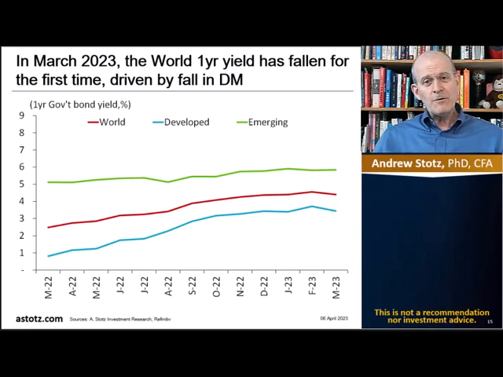Again, that fall is signaling that the rise in short-term rate that the Fed did is causing people to have two reactions. Reaction number one is to think that they're going to contain inflation, and therefore they don't need such a high rate to compensate for 10 years or 1 year of inflation.